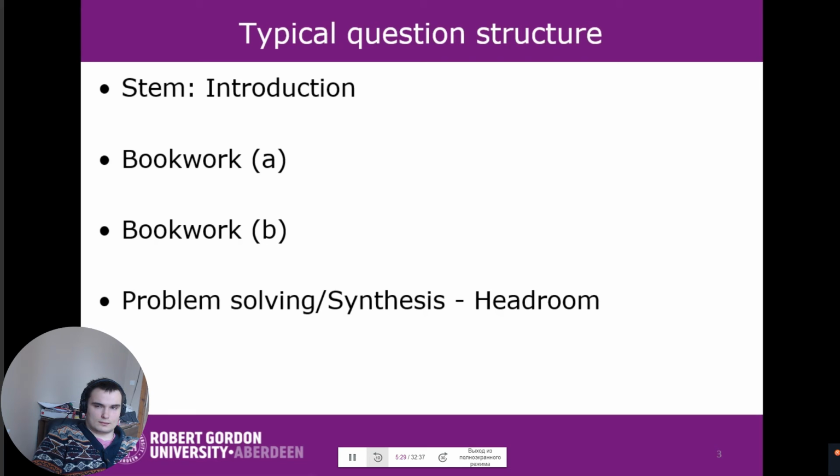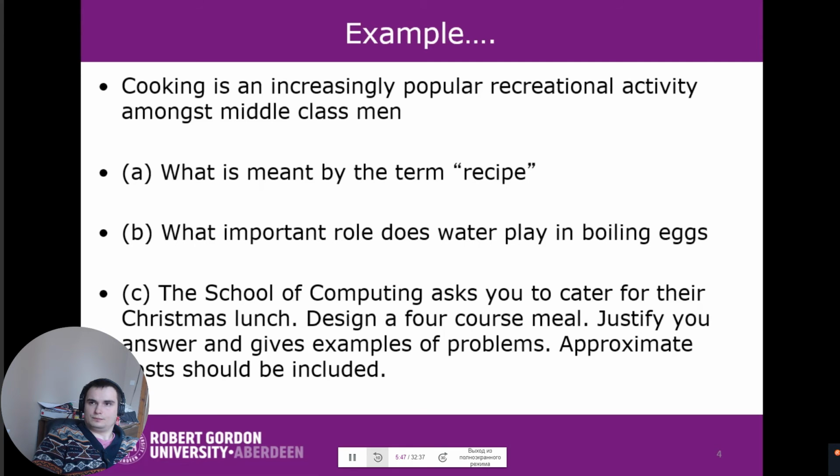There are slight exceptions to this. There are occasionally questions which are quite long ones, A, B, C, D, E kind of thing. But you'll see all these examples in the old exam papers. Here is a neutral, typical example.